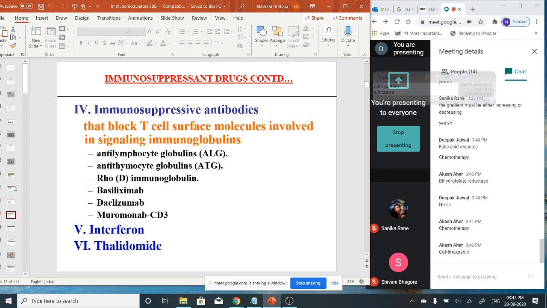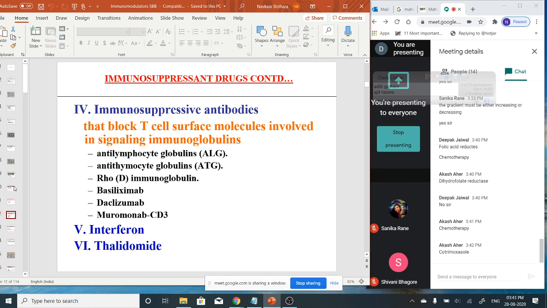Okay. Then next are immunosuppressive antibodies, which block the T cell surface molecules. They are involved in signaling, and again in that there are a variety of these, such as anti-lymphocyte globulin, that is ALG, anti-thymocyte globulin, that is ATG, and Rho immunoglobulin, that is D immunoglobulin.